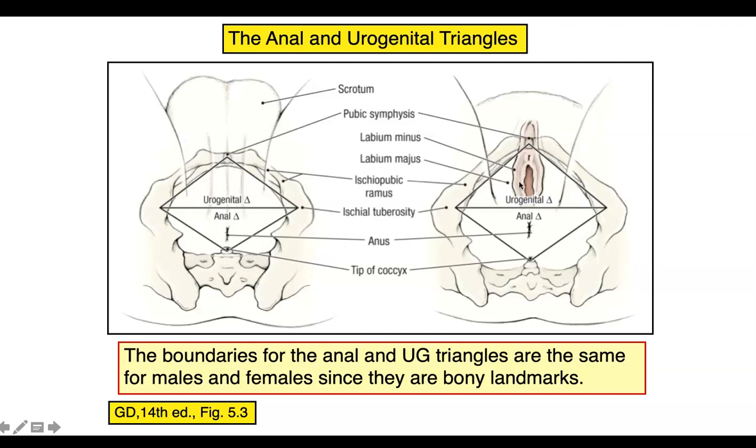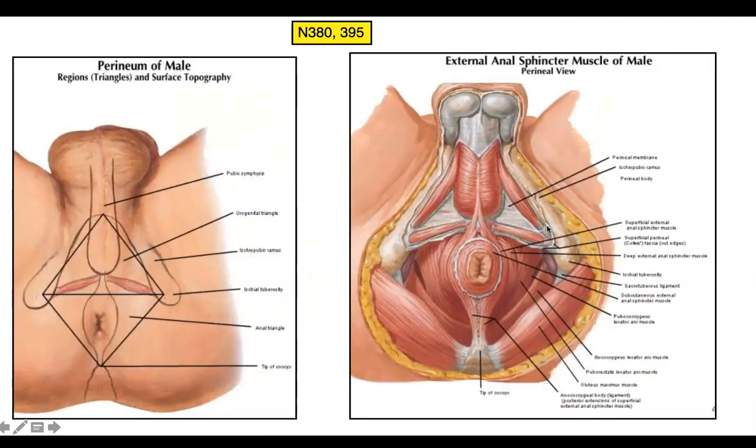The urogenital triangle has different structures in male and female, but the anal triangle has the same structures, only one orifice, the anal orifice, and it is the same in the male and female. Anal triangles are the same.